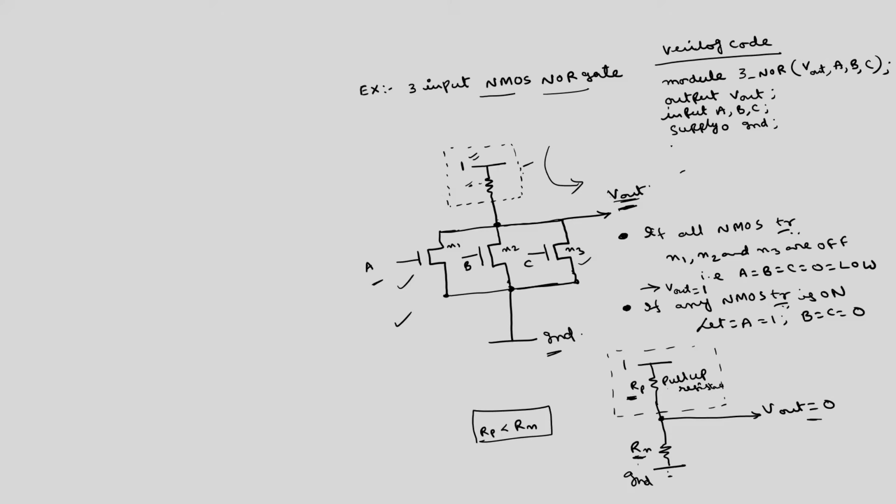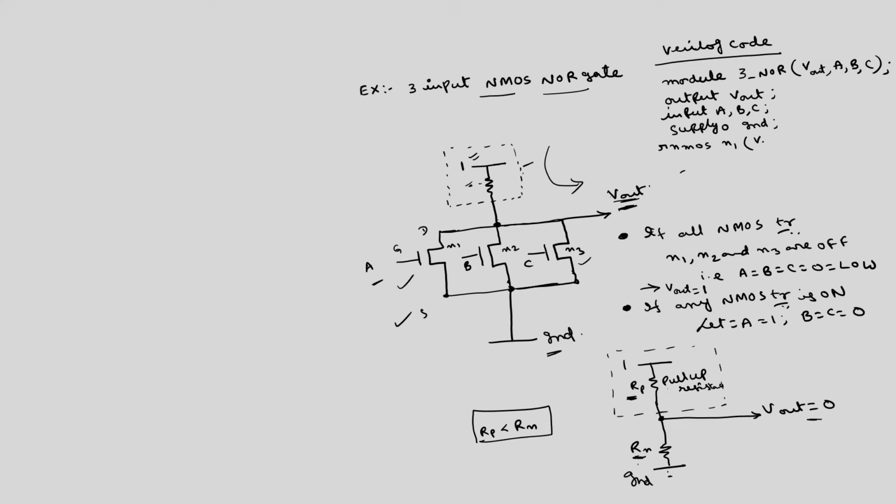Then you can define NMOS. You can also write R NMOS, because this is not ideal. N1, what is the output and input? Output, data, and then control. Output is drain, data is source, control is gate.